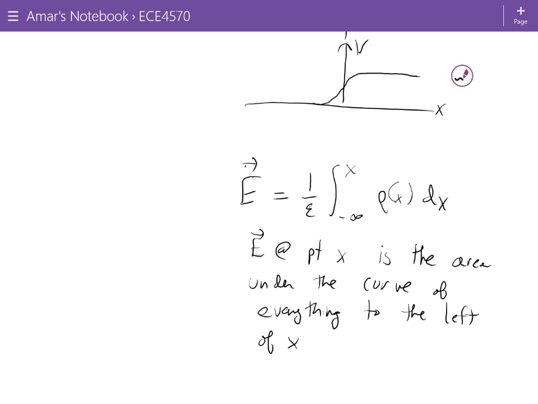This is the mathematical definition of the electric field, and this is the more intuitive understanding of what the electric field is. It's the area under the curve of everything to the left of point x.